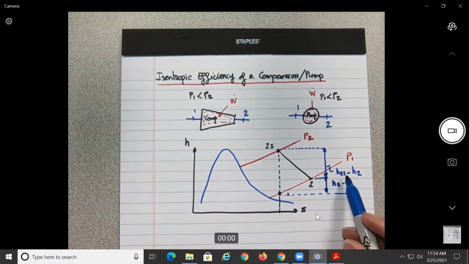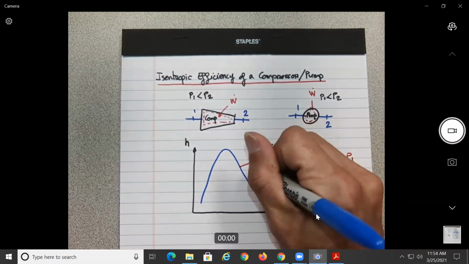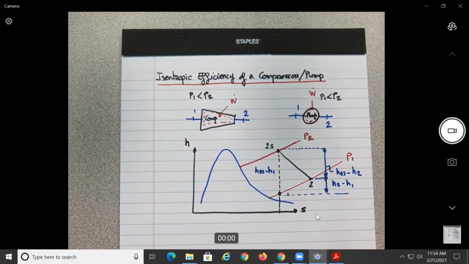This one is of no interest really. And this one here will be H2s minus H1, no?